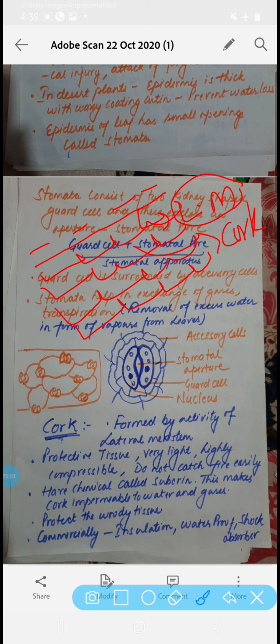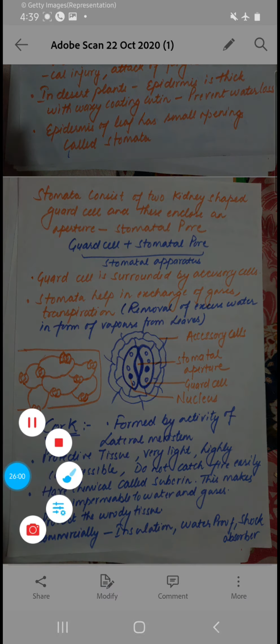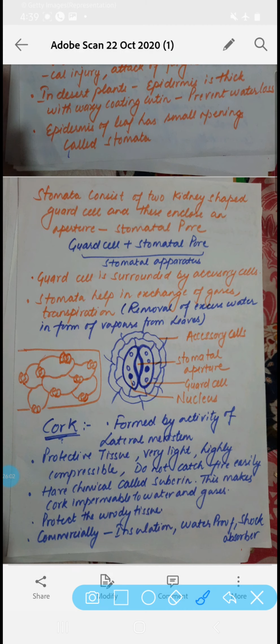plant tissue. I hope आपको समझ में आया है that what are the different kinds of plant tissues. Okay, so if I describe to you the various kinds of plant tissues, the plant tissues are divided into meristematic tissue and permanent tissue.